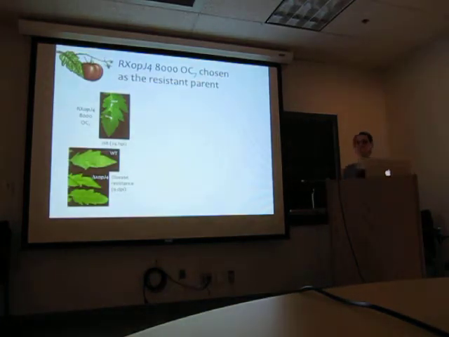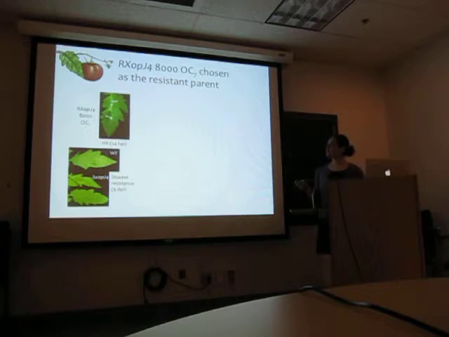But fortunately, our colleague Bob Stahl in Florida had been working on breeding for this trait for a while, and he had a 7th backcross line, which we called OC7 for outcross 7, but it's basically a backcross. This had gotten rid of a lot of that linkage drag phenotype. So we were able to use this as the resistant parent of a mapping population. And you can see here that it also shows the HR and disease resistance that's dependent on ZOPJ4.